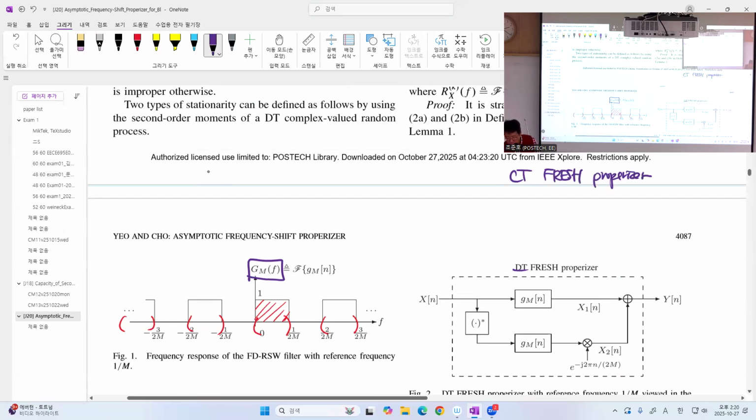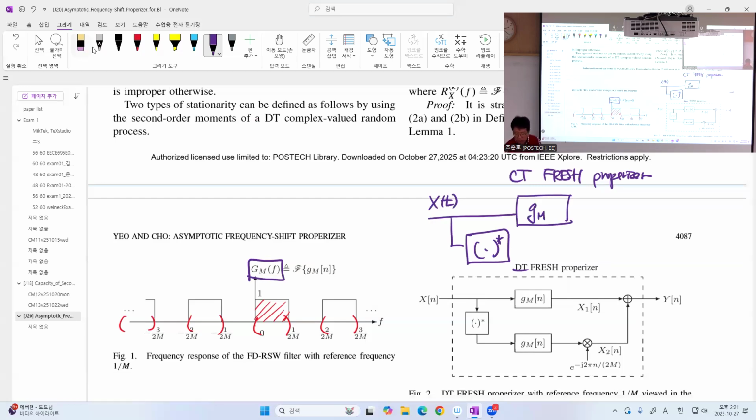So we have x of t, and here goes the conjugation operator, and here goes G sub M, not only M, G sub in this case. Let me be careful. Yeah, T. Notation should be different.